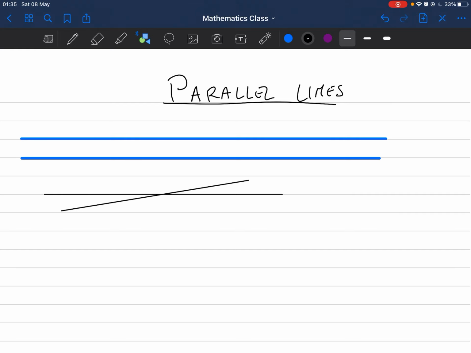See, these lines are not parallel, but these ones are parallel. Parallel lines don't meet. They're always going to be equal distance apart from each other throughout.